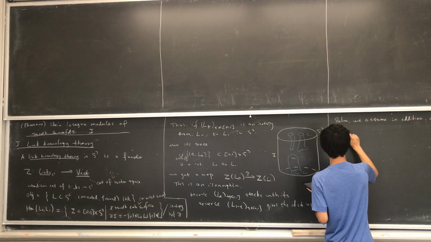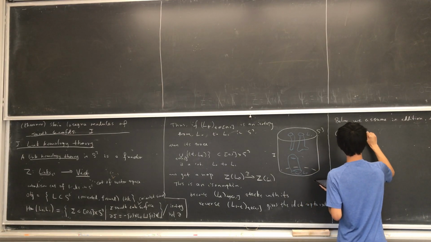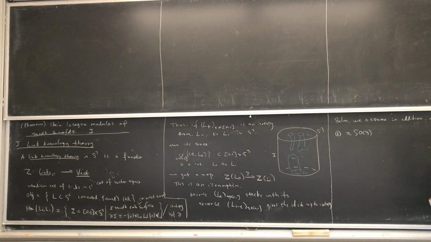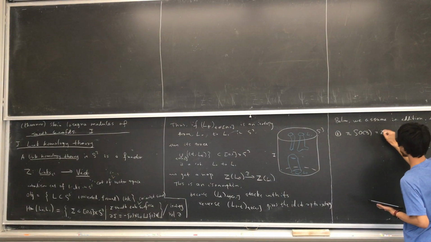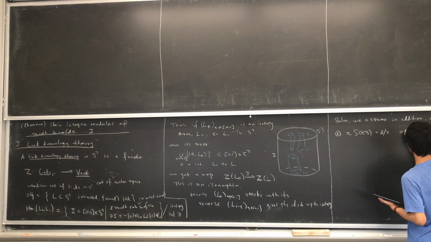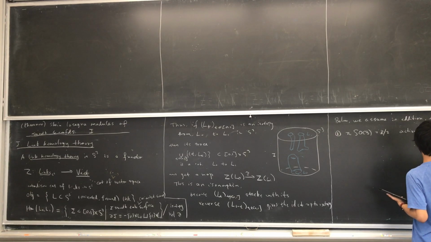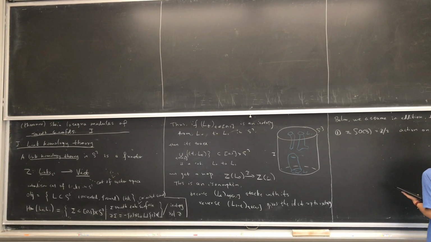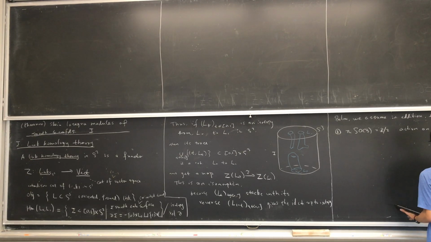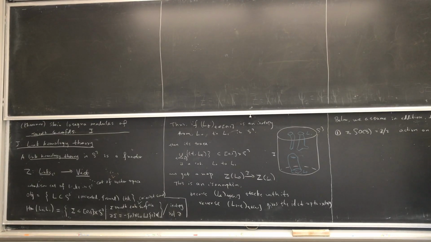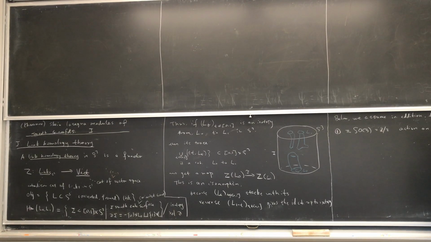First one is you can consider the pi_1 SO(3), which is equal to Z_2, action on, say, Z of L is trivial for L lying in S^3.